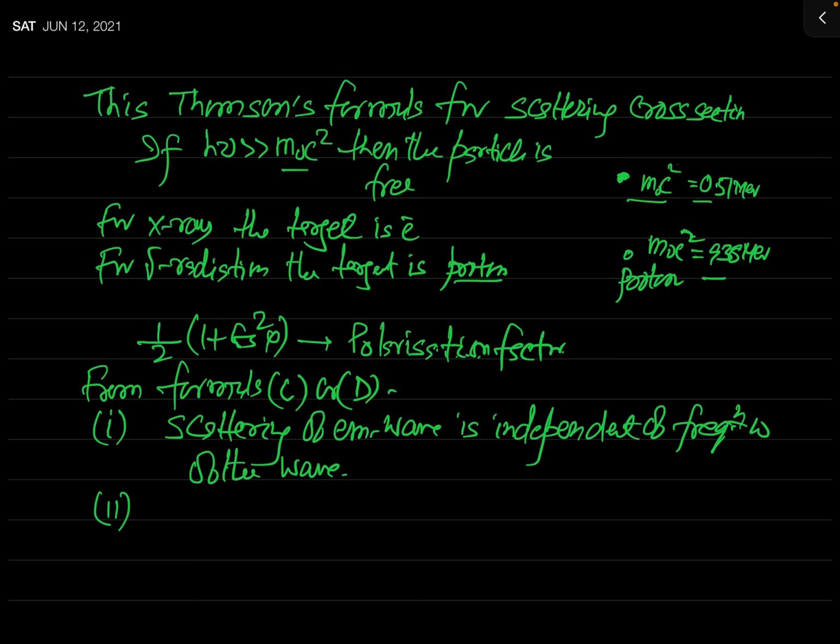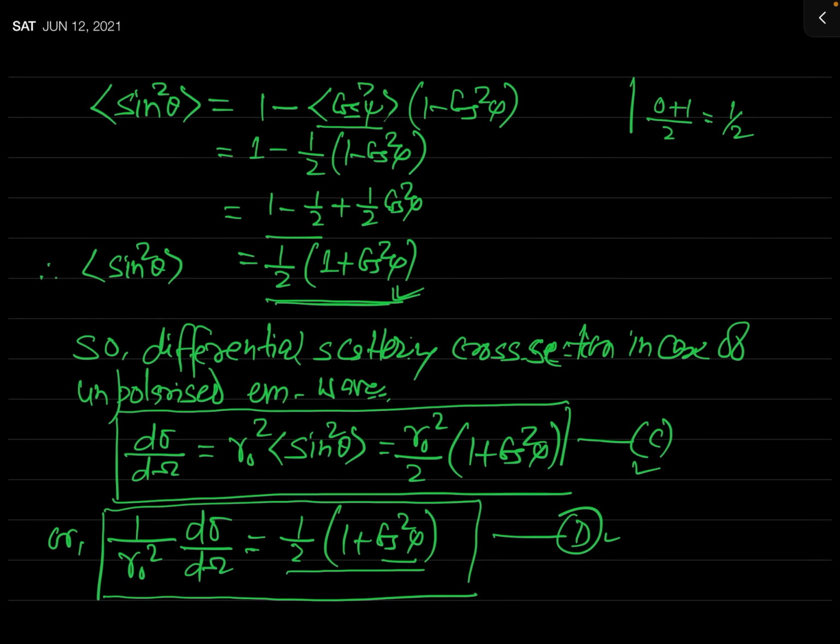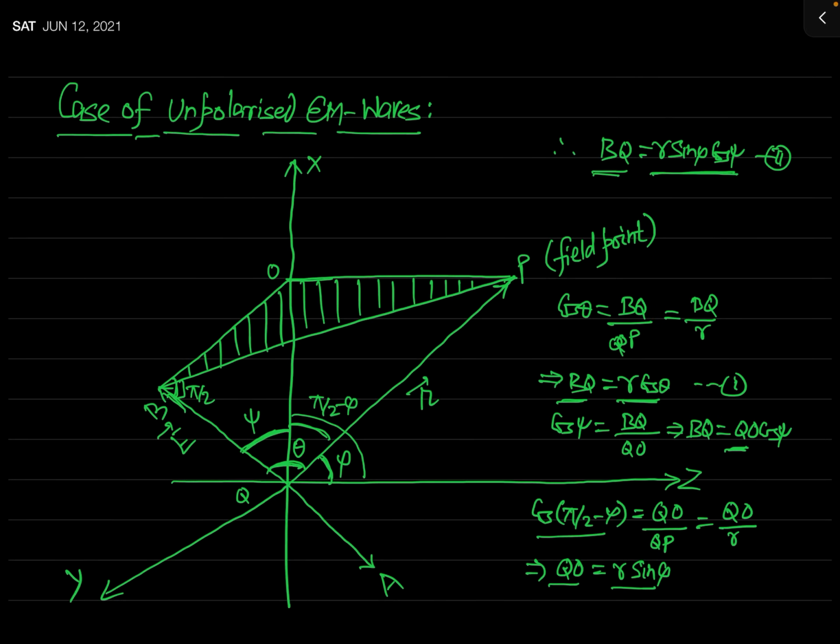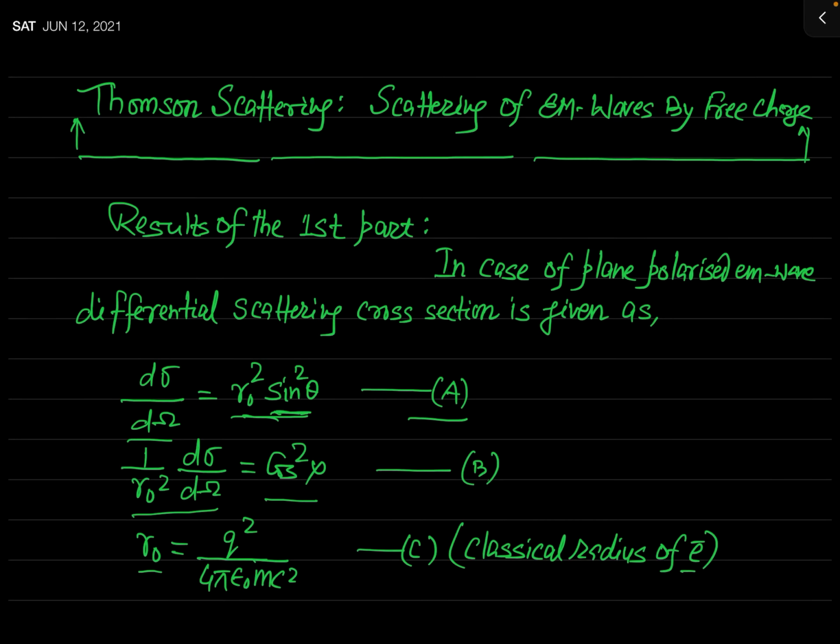But just the converse of it, you can see this scattering cross section depends on r0. And what is this r0? You have seen this is the classical radius of the particle which is responsible for the scattering. And you have seen the expression for this r0. So you can see this r0 depends on the charge of the particle q and the mass of the particle m.